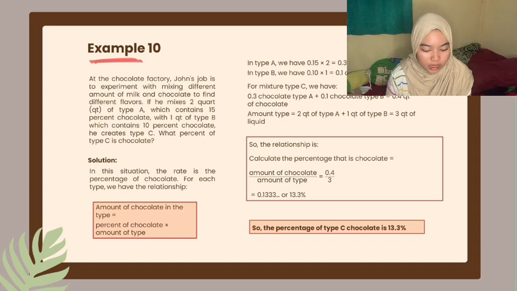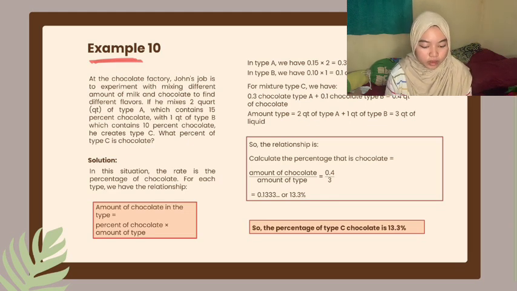In type B, we have 0.10 times 1 equals 0.1 quart of chocolate. For mixed type C, we have 0.3 chocolate from type A plus 0.1 chocolate from type B equals 0.4 quart of chocolate.